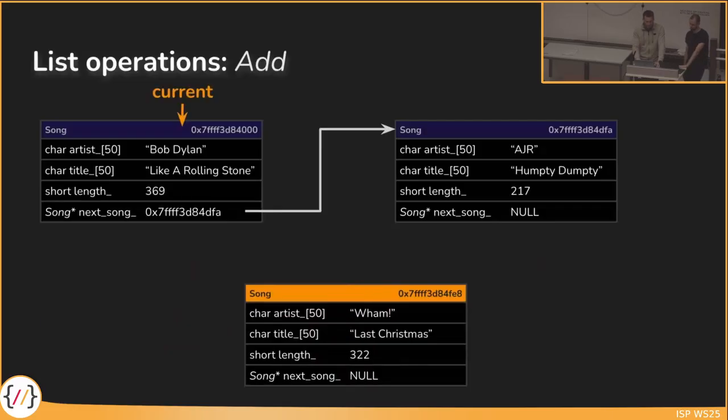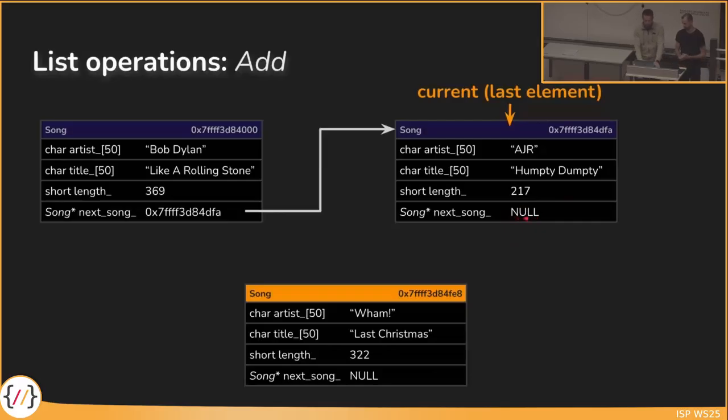So in the end, we start again with our playlist head, iterate through the whole playlist, and in the end, when we reach our last song that points to null with next song, there we want to add now the address of our new song. So now we know we are at the last element if we always check whether this next song is null.